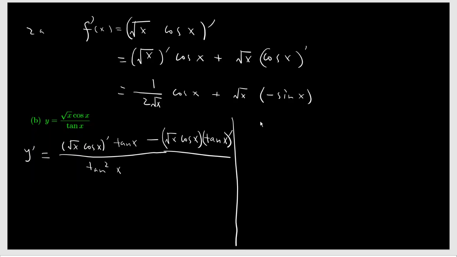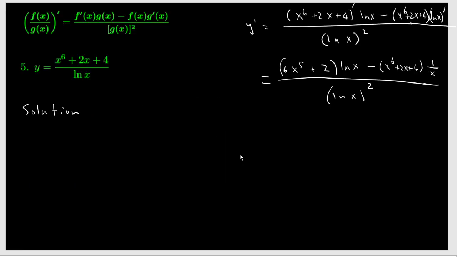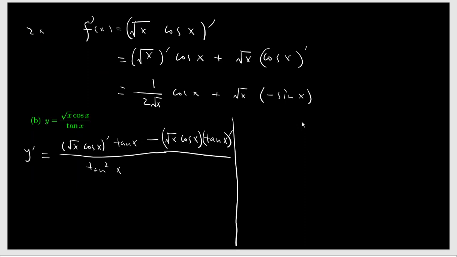So that's the quotient rule, right? I think you'll have the quotient rule in your notes. Now you check your notes, or you look at the formula here. I did nothing but use the quotient rule.